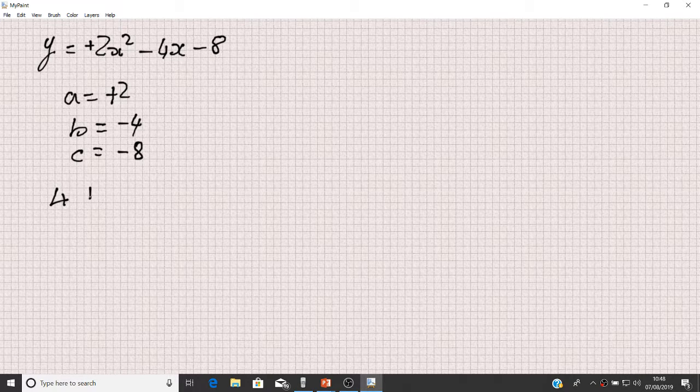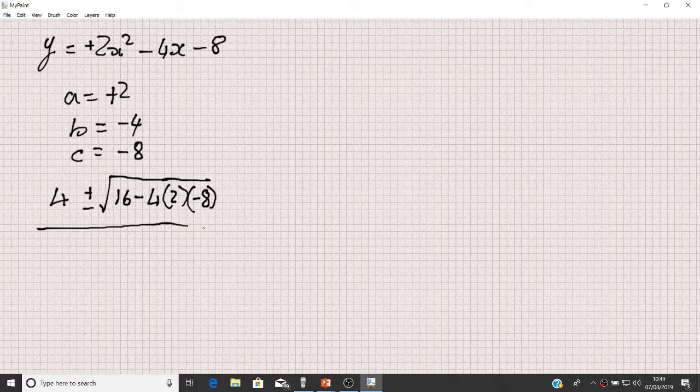Minus b plus or minus the square root of b squared. So negative 4 squared is positive 16. Minus 4 times a, which is 2, times negative 8. All over 2a, which is 4.